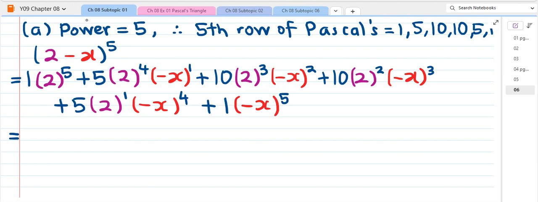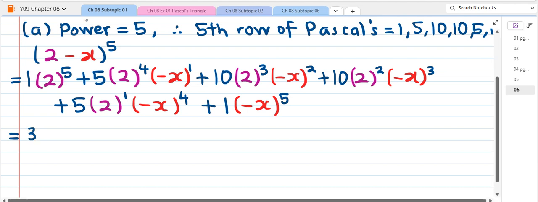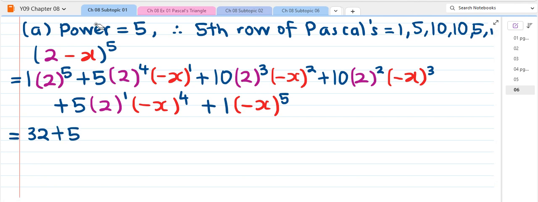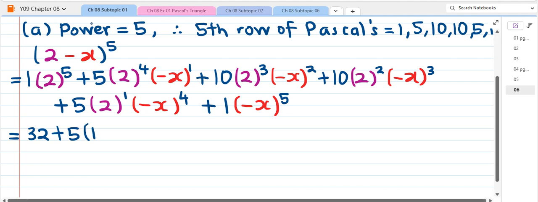So here 2 to the power of 5 will be 32. And there's a 5, the second term, 5. 2 to the power of 4 is 16. And there's still negative on negative x. And then 10. 2 to the power of 3 is an 8.